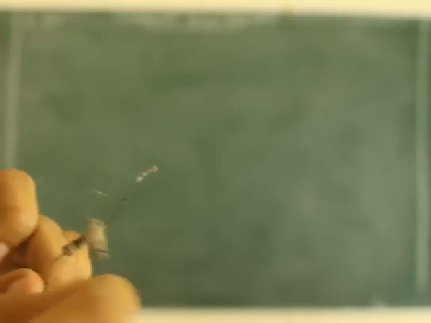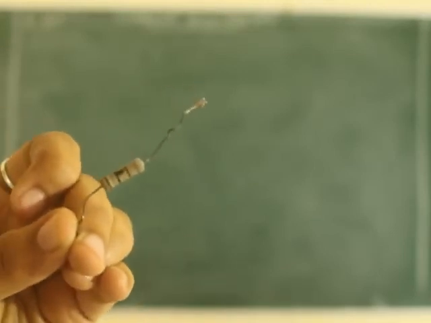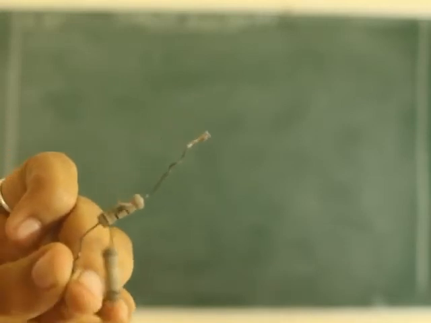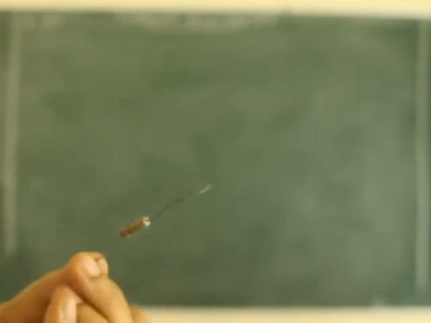Can you decode these colors? It's one of the homework for you. Please decode this: brown, black, brown, and golden. It is fine, you can, right? Okay. So shall I move further?